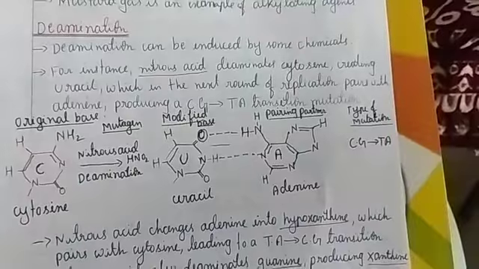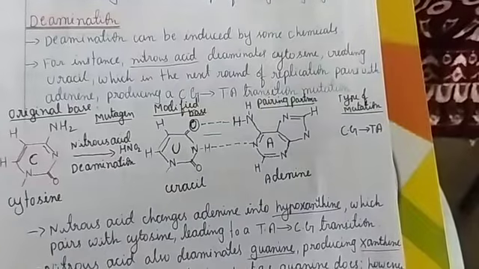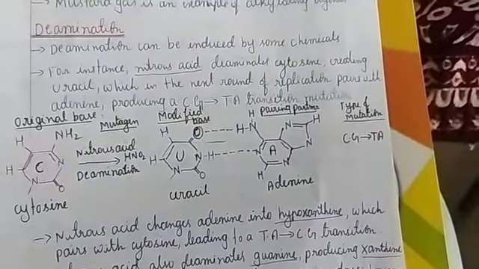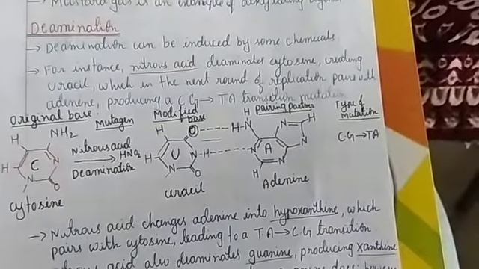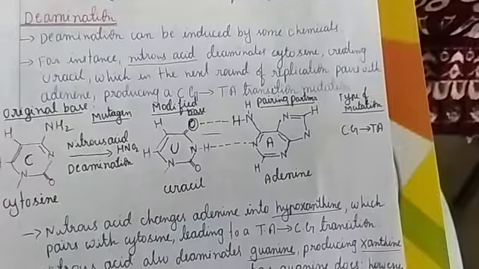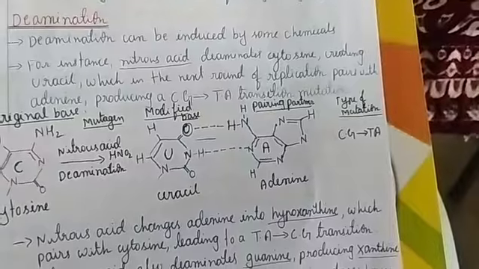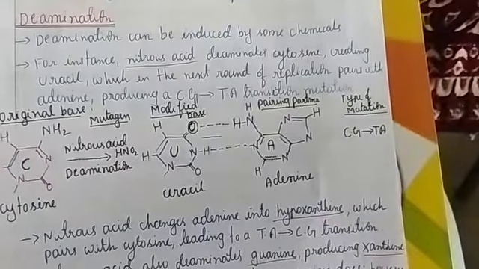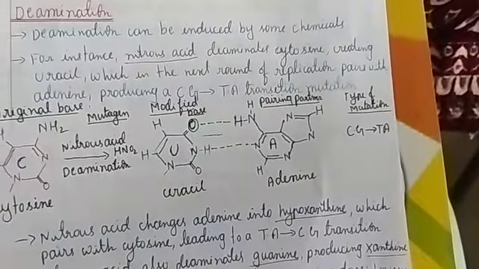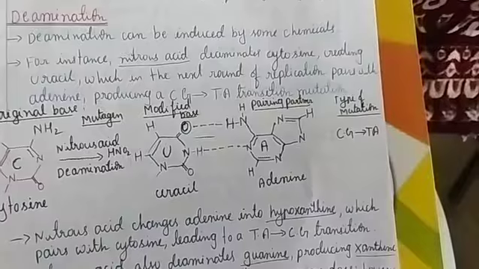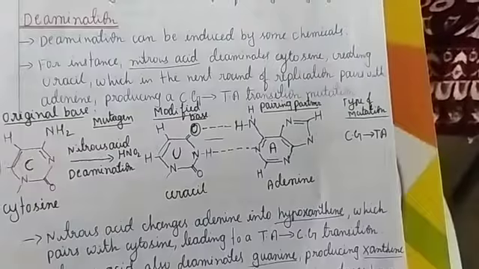Okay. Then the next chemical agent which brings about damage to DNA is nitrous acid, through deamination. Deamination can be induced by some chemicals. For instance, nitrous acid deaminates cytosine, creating uracil, which in the next round of replication pairs with adenine, producing a cytosine-guanine to thymine-adenine transition mutation.